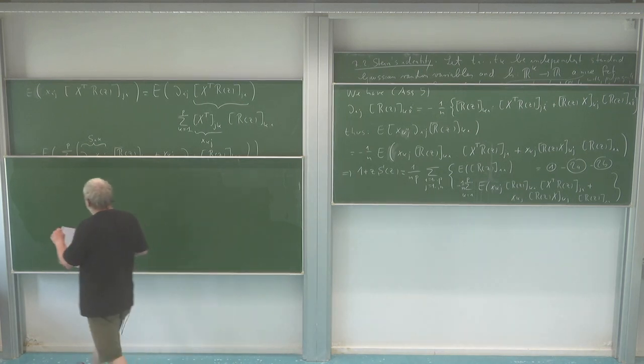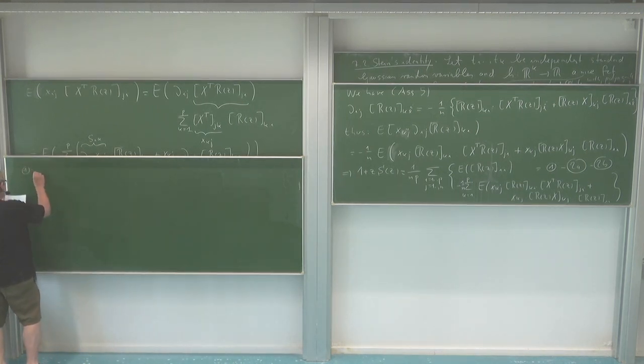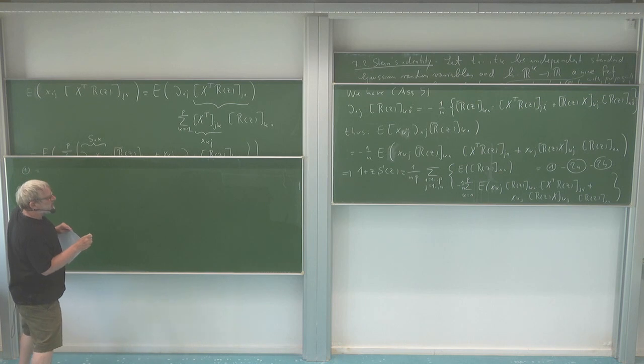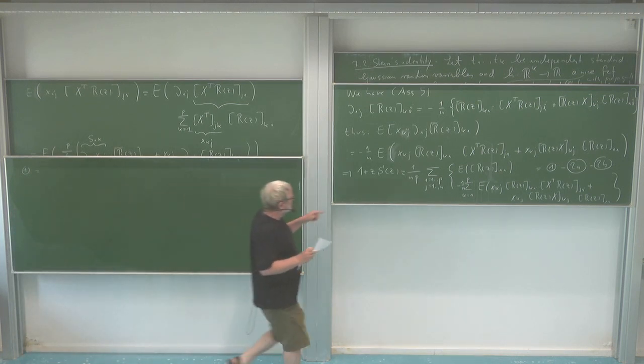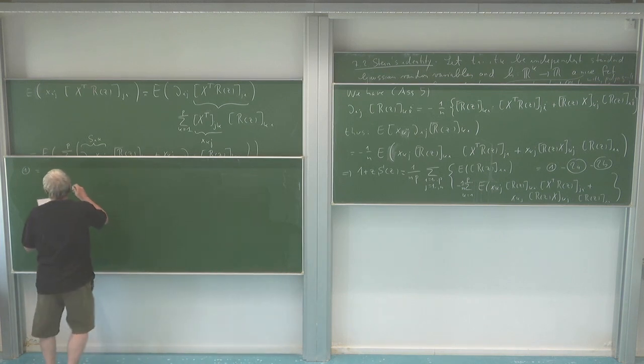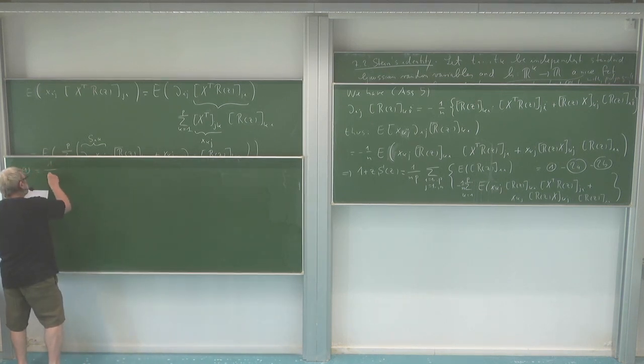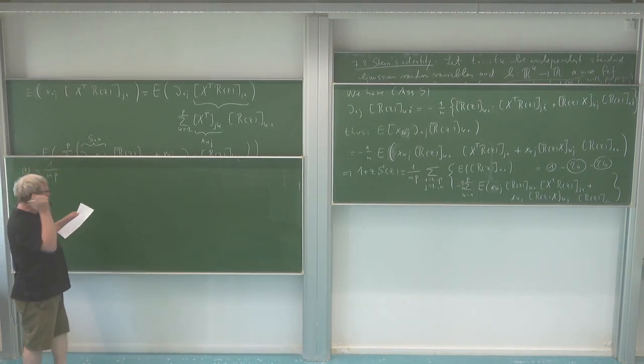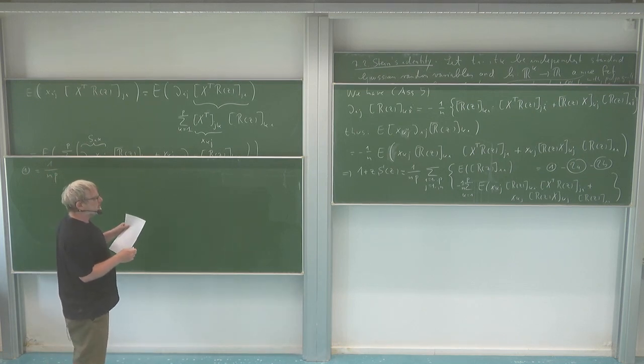Okay, so what is 1? Let me just write it down again. So this is still the 1 divided by n and p, and I have still 2 sums, the sum over i and j.